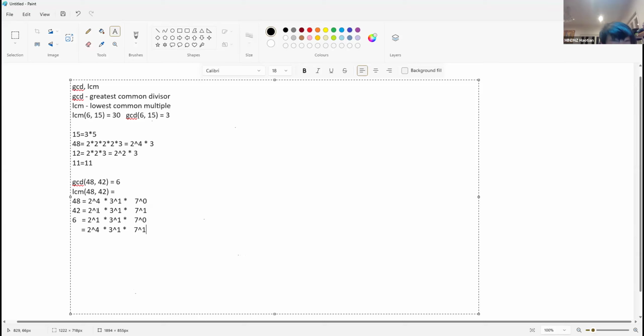So that would be these, because we got 4 and 1, so the higher one is 4. 1 and 1, so we take 1. 0 and 1, so we take 1. And that would be 336, I think. Okay, yeah, it's 336. And that's because we just took the higher power.